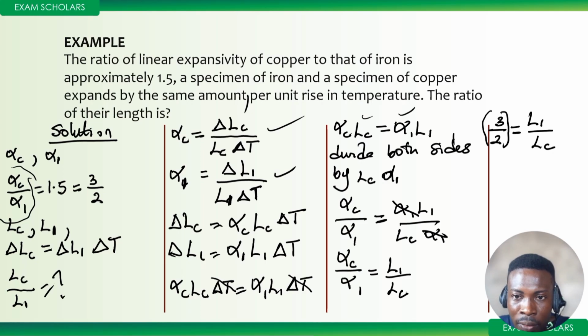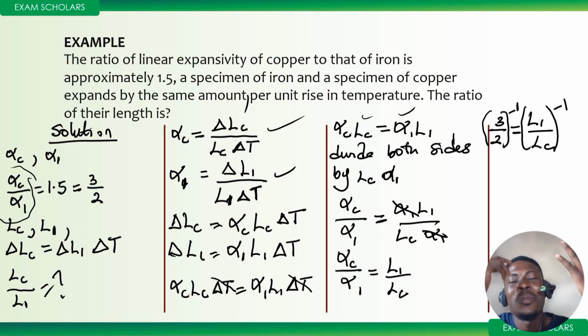When you find the inverse of this, you automatically find the inverse of this. Don't forget reciprocal. Turn upside down. When you have a fraction and the power of that fraction is -1, numerator becomes denominator, denominator becomes numerator. If you don't want to do it that way, just cross multiply and then try to rearrange it. You still get the same thing.